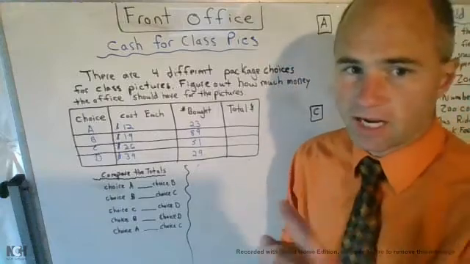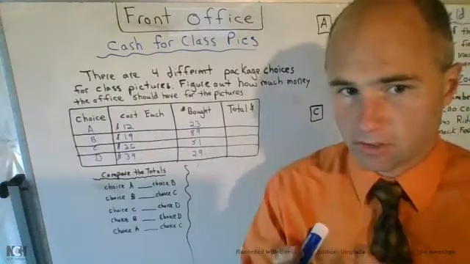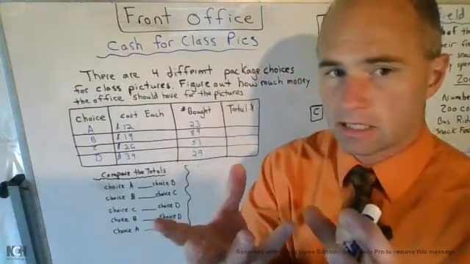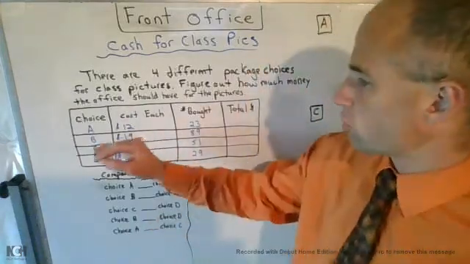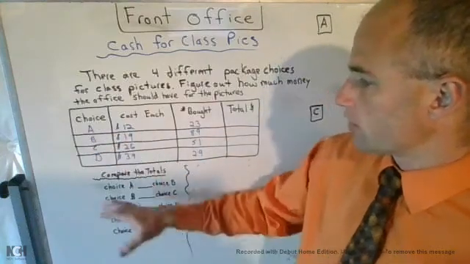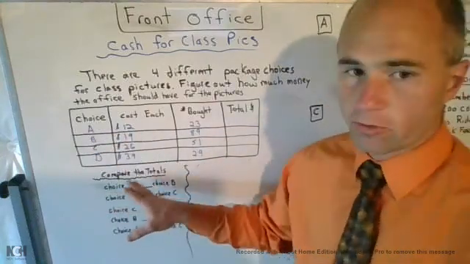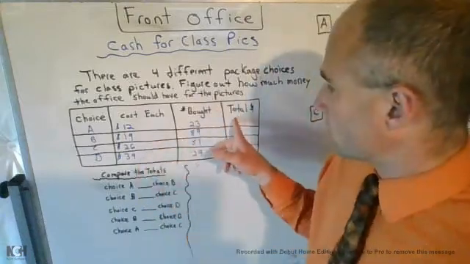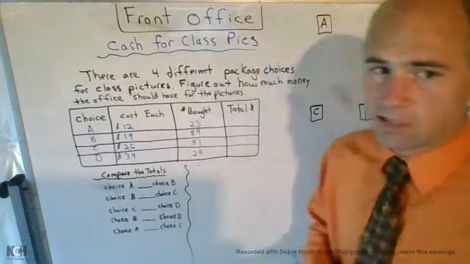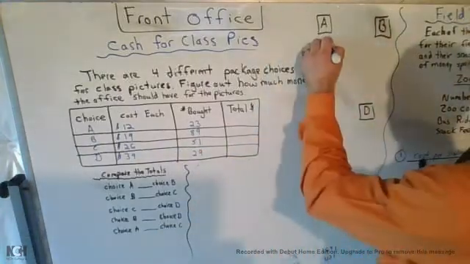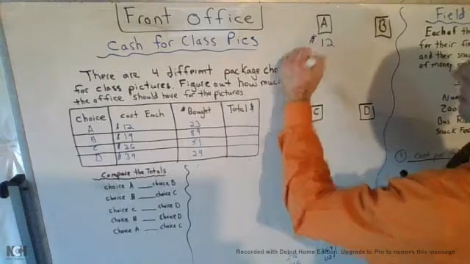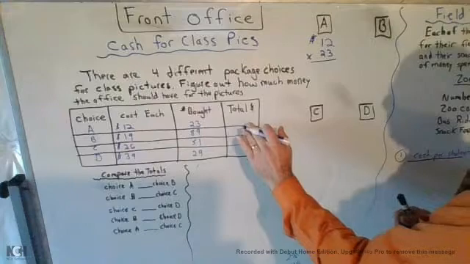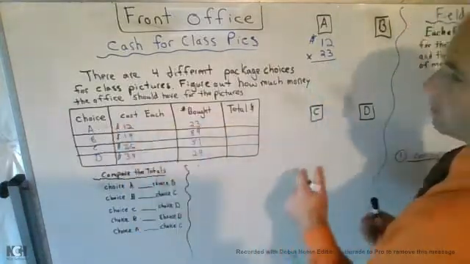So what we need to first find out, because what we're going to end up having to do is compare the amount of money spent on these different choices. So we're going to have to compare choice A to choice B. Which one's greater, which one's less? The total amount spent. So the total's over here. So we're going to ultimately need to do $12 times 23 students to find out how much total money they should have for the choice A pictures.